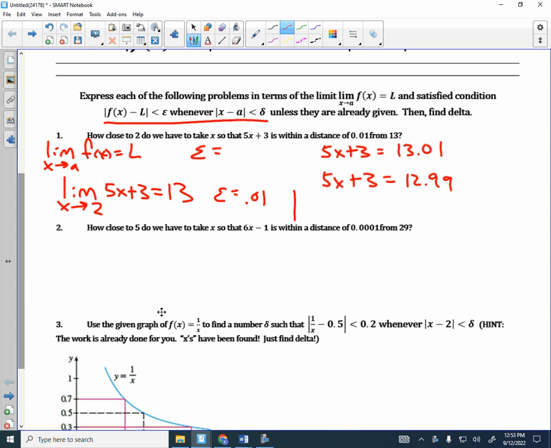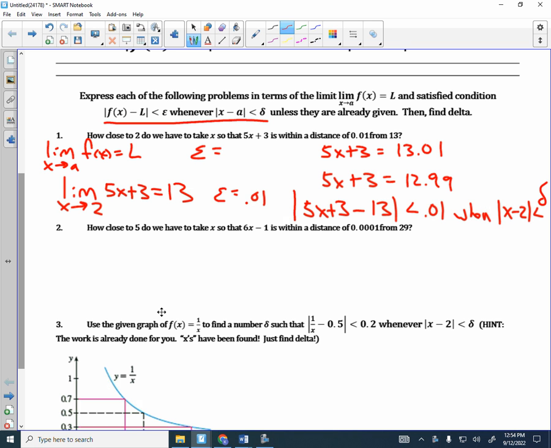The absolute value of f of x, 5x plus 3 minus 13, is less than 0.01 when x minus 2 is less than delta.